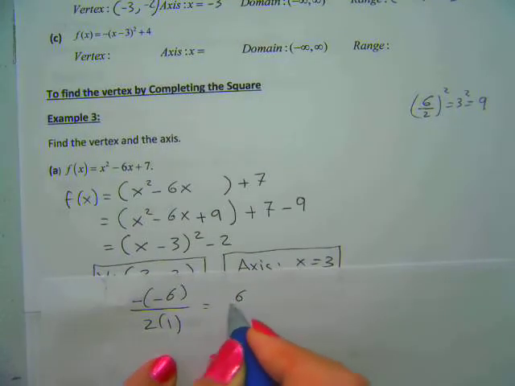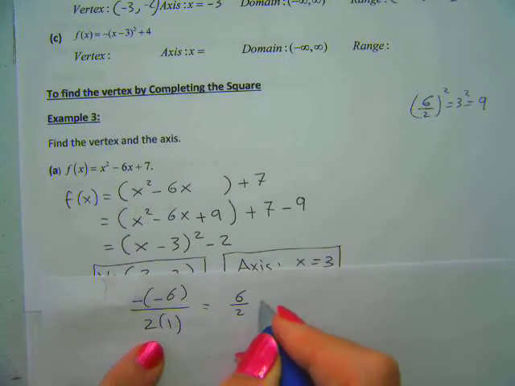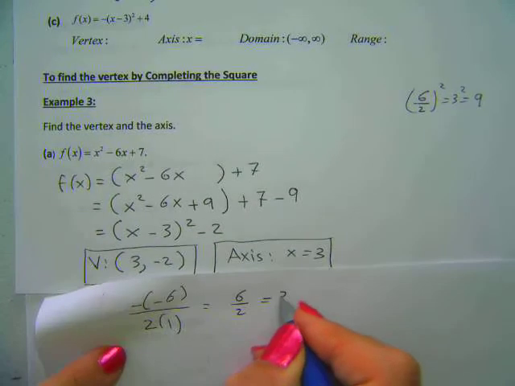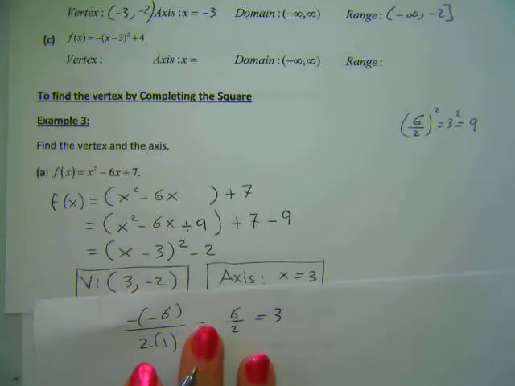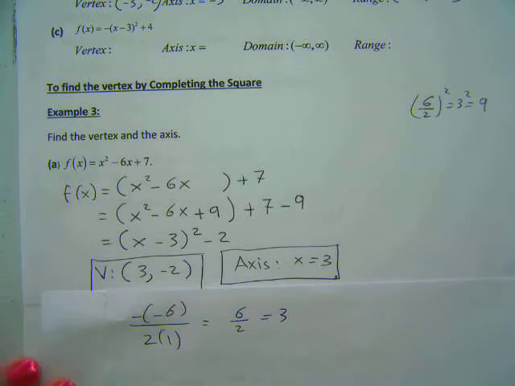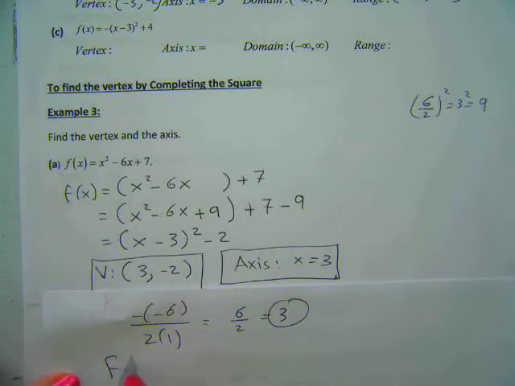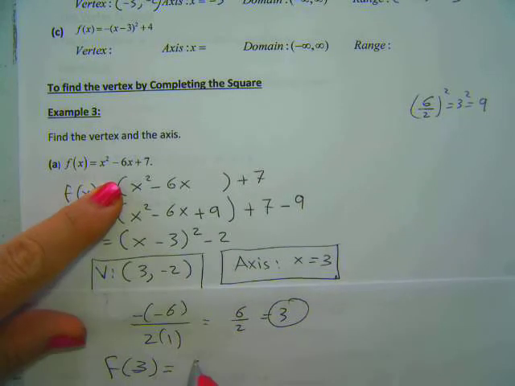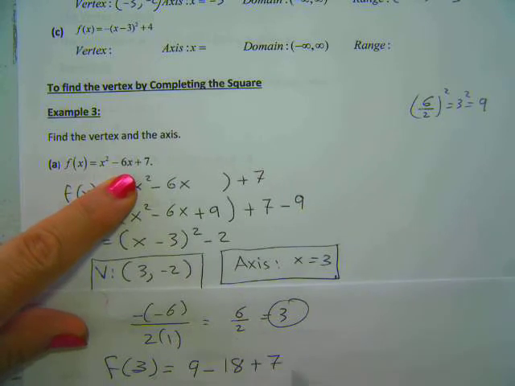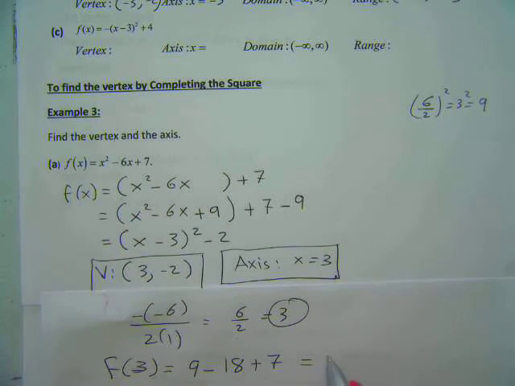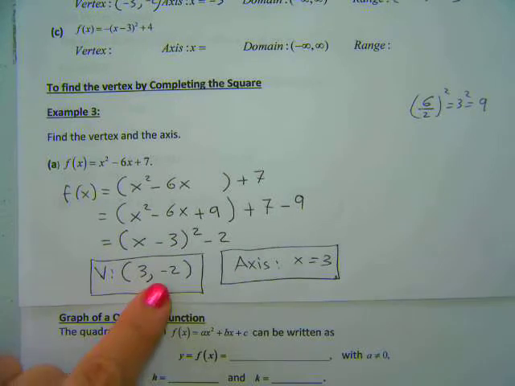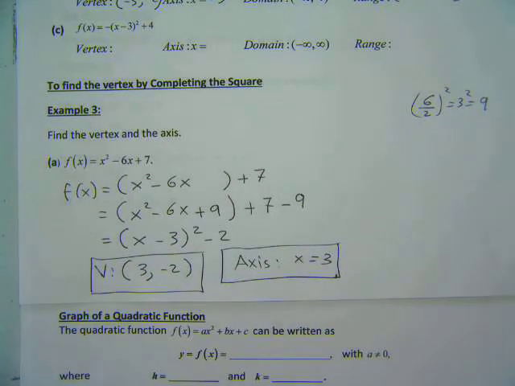That is 6 over 2, which is 3. I'm trying to show you both answers. So we know that the h is 3. And how do you find that negative 2? By evaluating the function at 3. So this is 3 squared, which is 9, minus 6 times 3, which is 18, plus 7. If you add these, 16 minus 18, which is negative 2. So that's just an easy one I wanted to show you since we already know the answer.